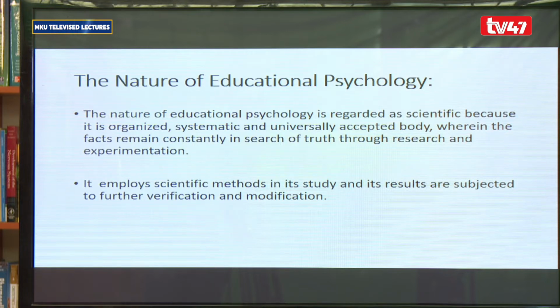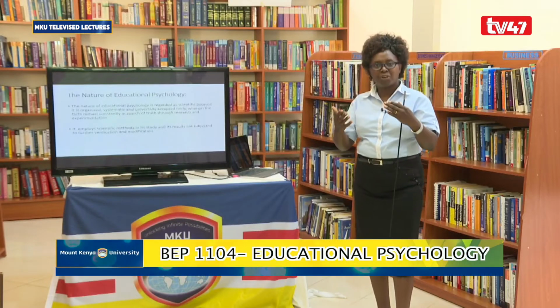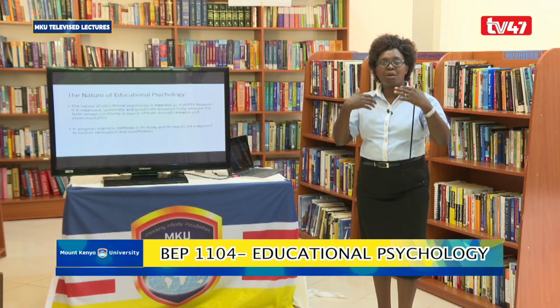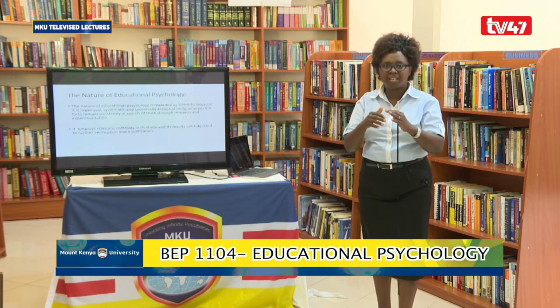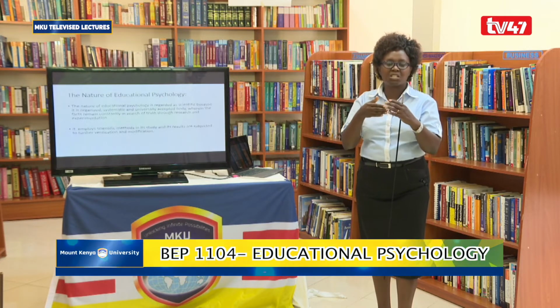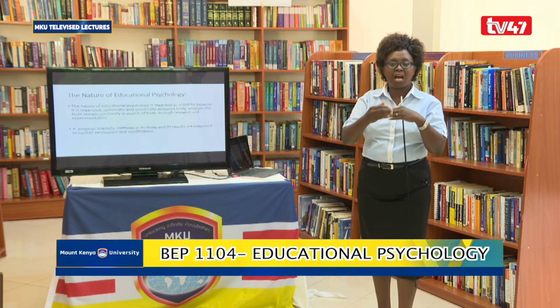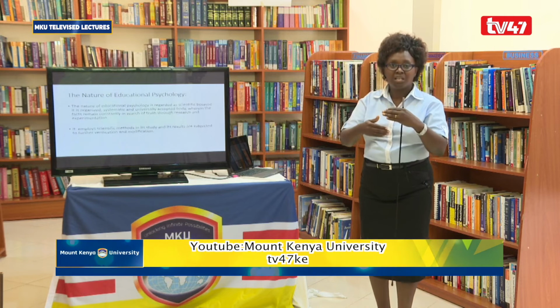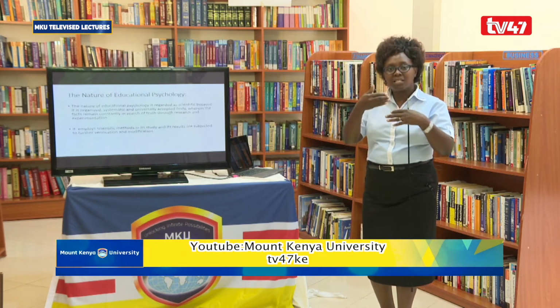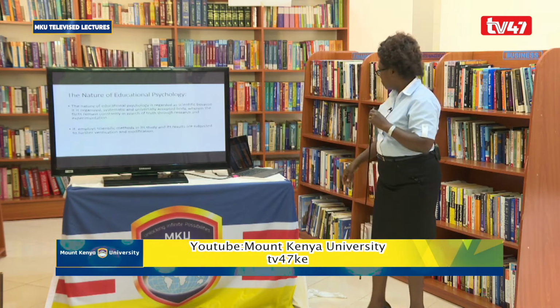Whatever we do in educational psychology, we do from a scientific point of view. We are very objective. We are not subjective in the way we deal with our students, in the way we deal with the matters of the school generally. We have a positive attitude as teachers. Whenever I am waking up to go to class, I am happy because I am meeting my students and I know I am contributing to their good. And that is what we are saying is the nature of educational psychology.